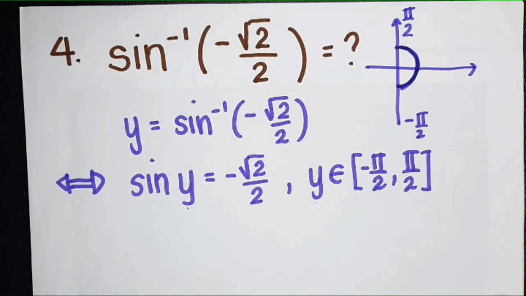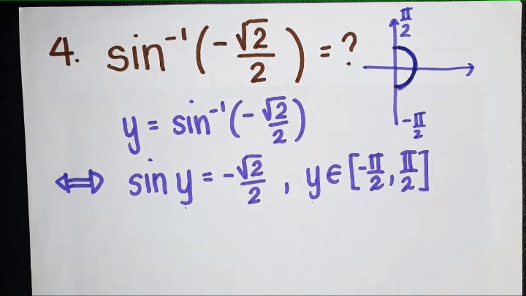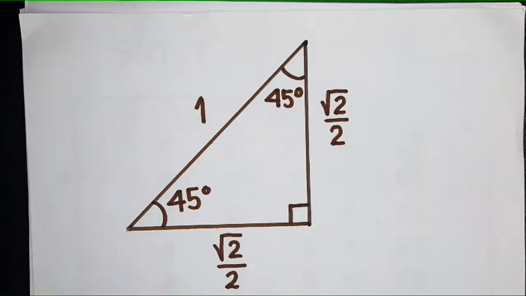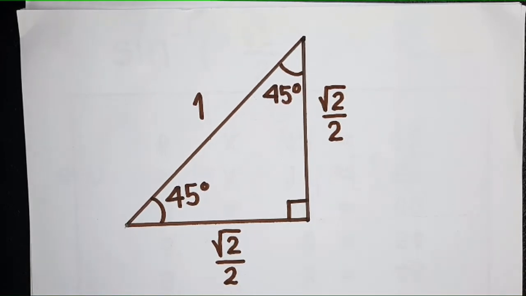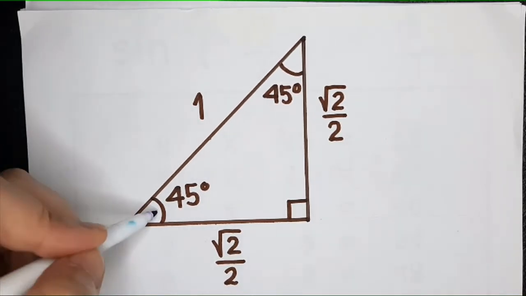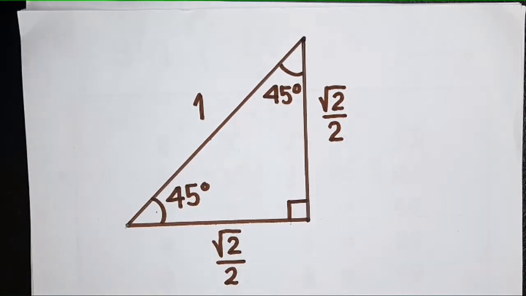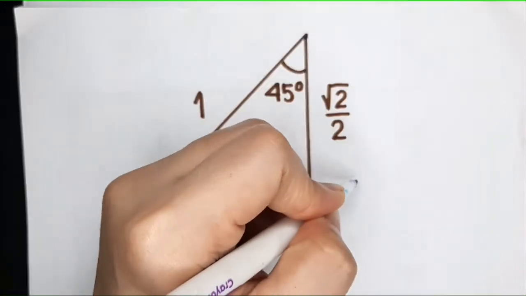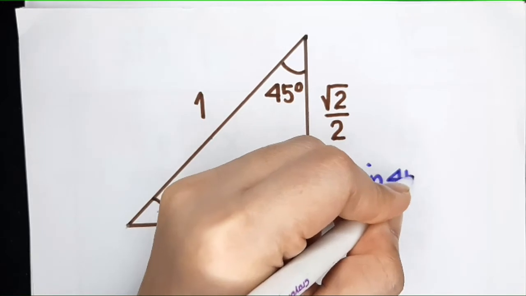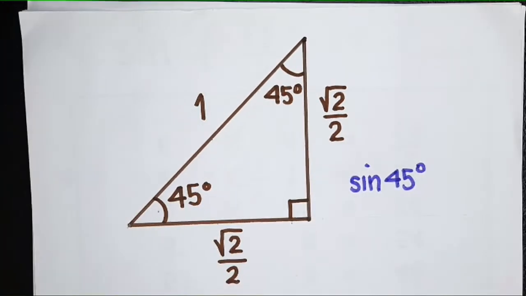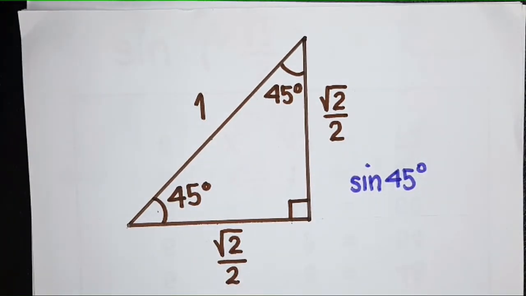Okay? So, you may want to recall this triangle. The 45, 45, 90 triangle. Ayan o, 45, 45, 90. Okay? And then if I ask you to get sine of 45 degrees, so you apply SOH-CAH-TOA.